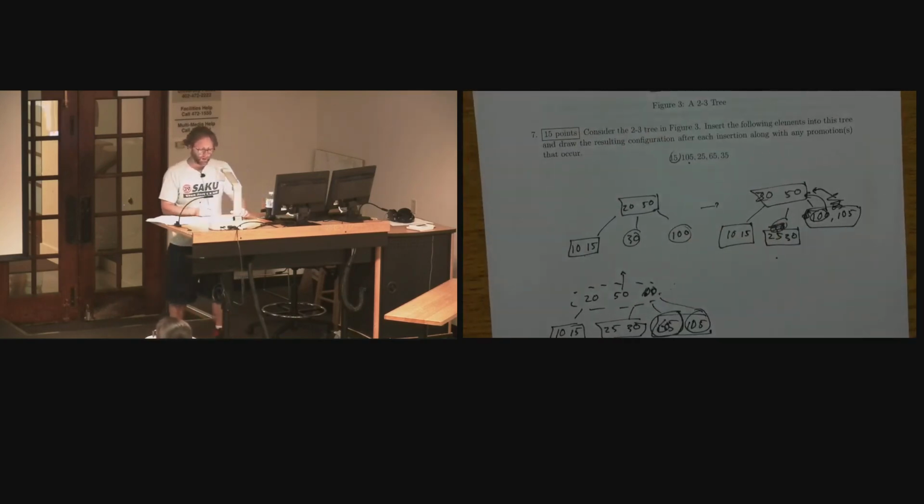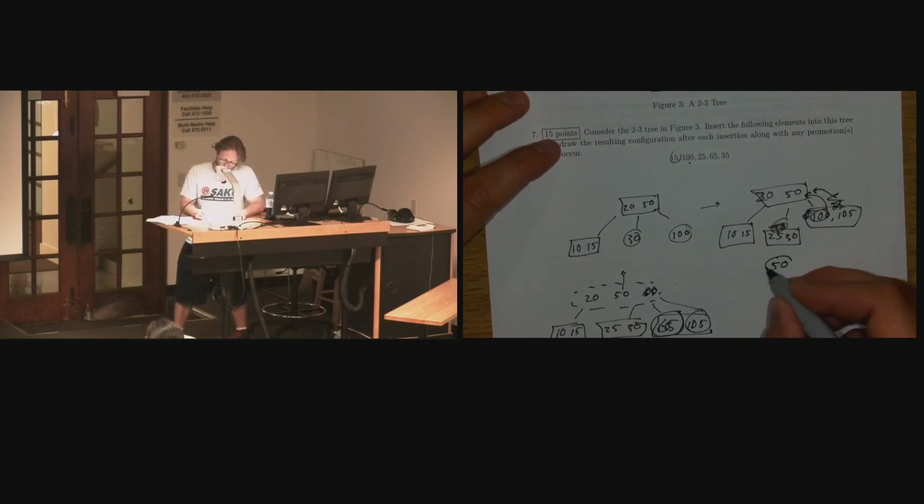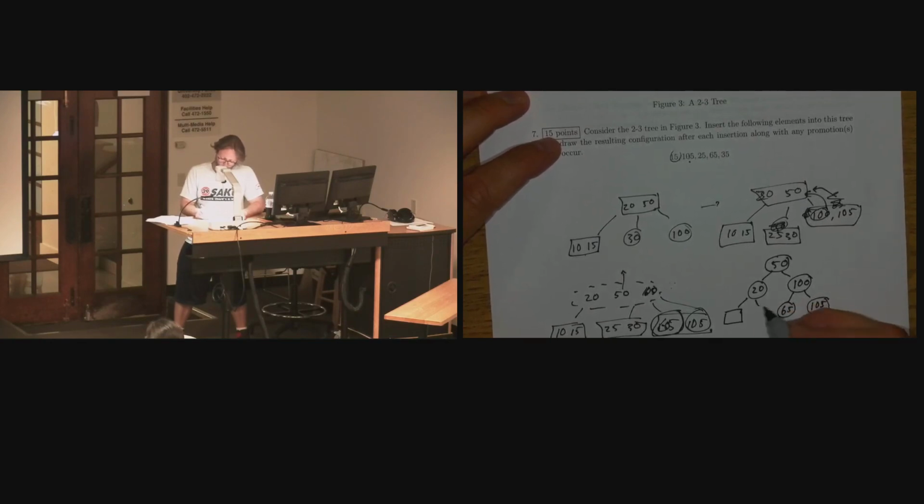So we've got these four children temporarily. 50 gets promoted up, becoming the new root. 20, 100, 65, 105, and then these have three nodes, 25 and 30, and 10 and 15.